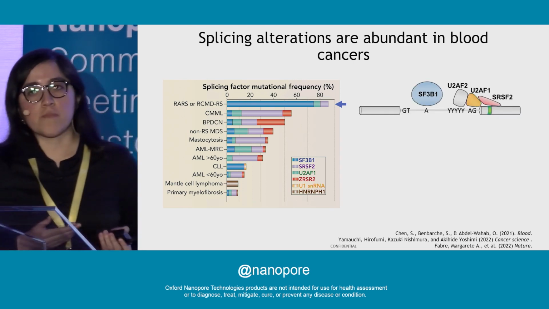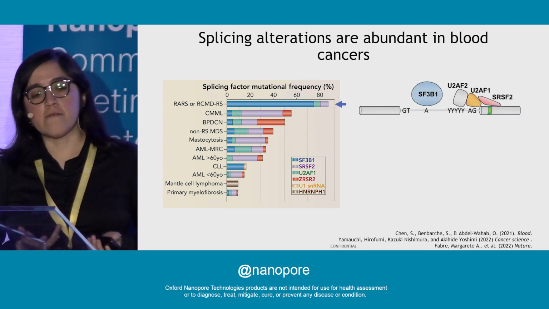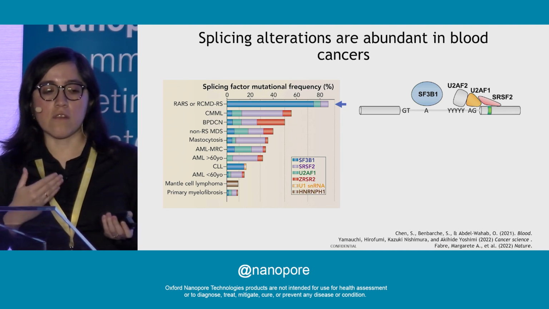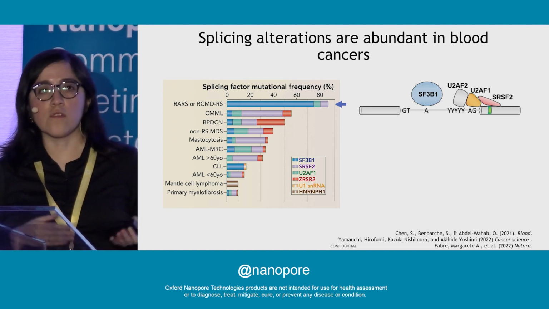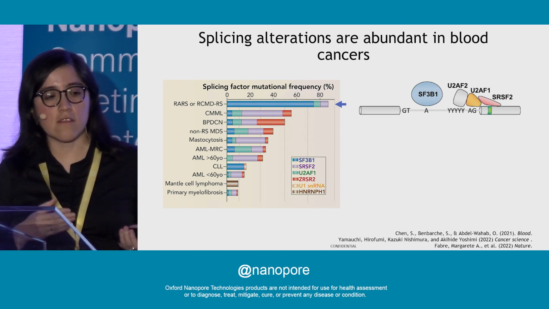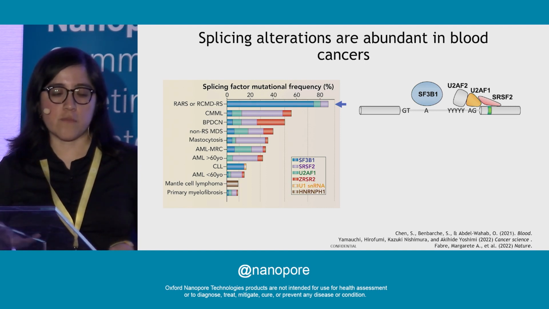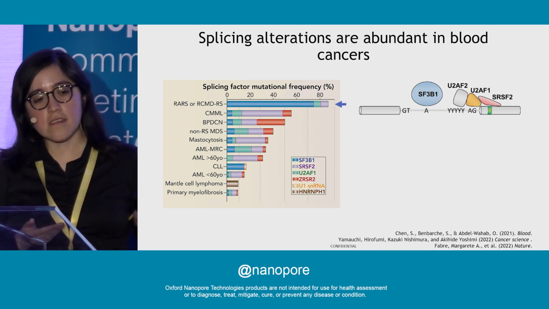SF3B1 got our interest because it's a core splicing factor which collaborates with the U2AF subunit in order to splice and recognize properly the 3' splice sites.